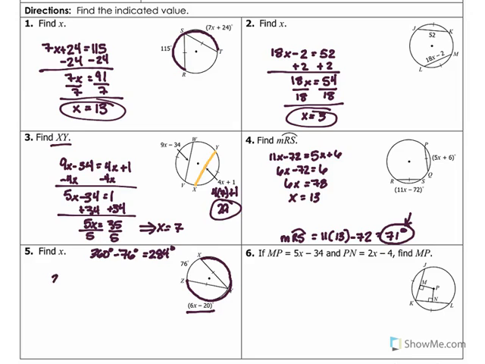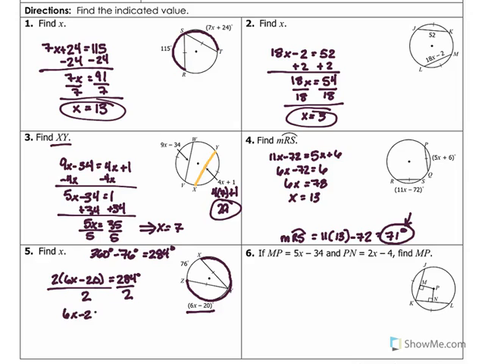So the way we say that is two of those is 284 degrees. So we're going to have 2 times the quantity, 6x minus 20, equals 284. And we're going to go ahead and just solve for x. Divide by 2 first. You should get 142.